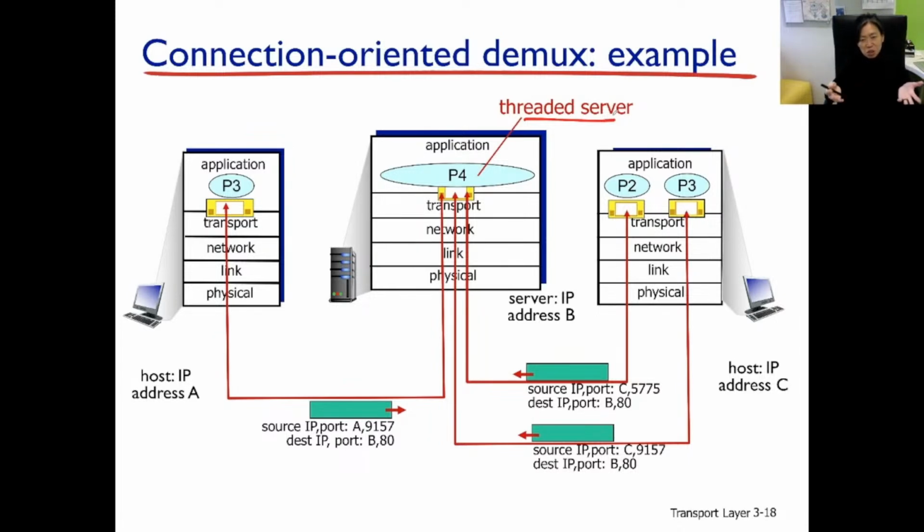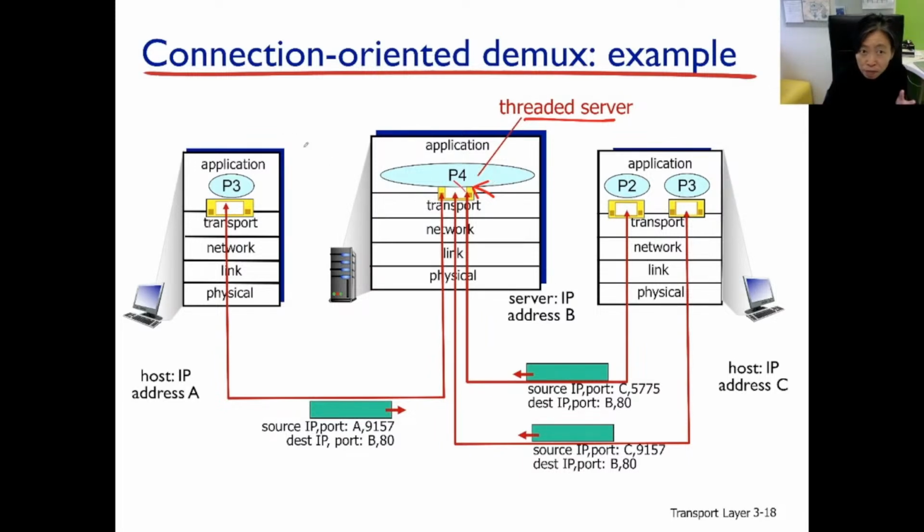The listening socket is a little bit special because no matter where the client is, whatever the source IP is, a request coming in is going to be passed to that listening socket, even though the 4-tuple does not quite match, especially the source IP address and the port number.